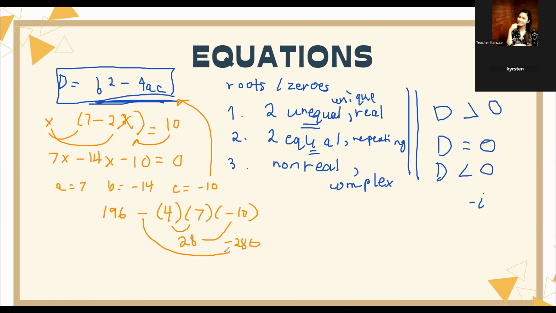The negative of negative 280 is positive, so it's 196 plus 280. Again, type 1 since it's greater than 0. Yeah, ganun lang naman siya actually.